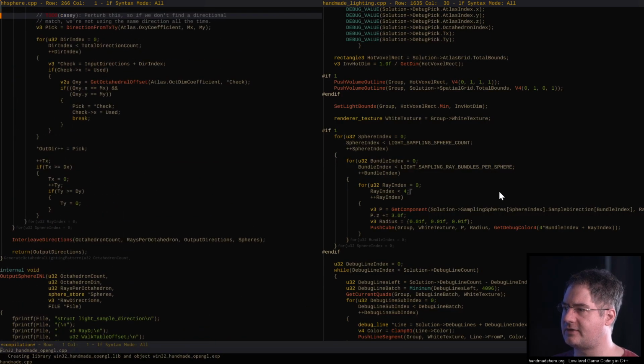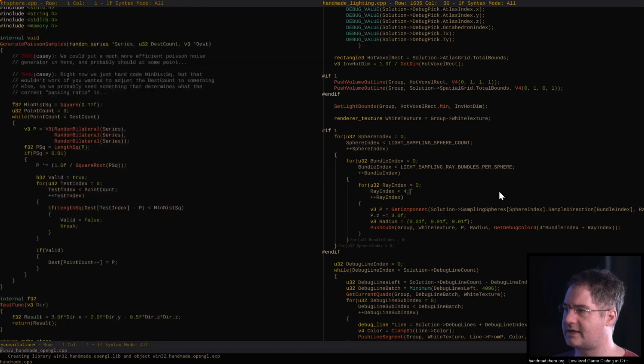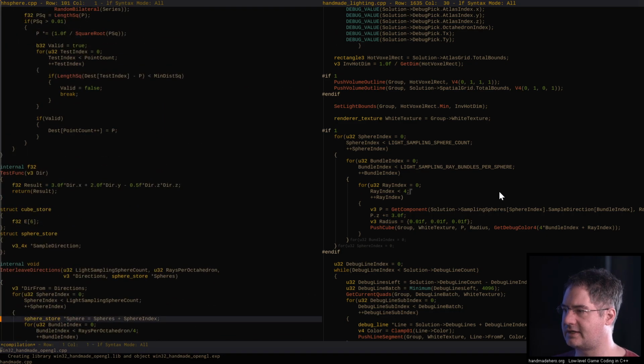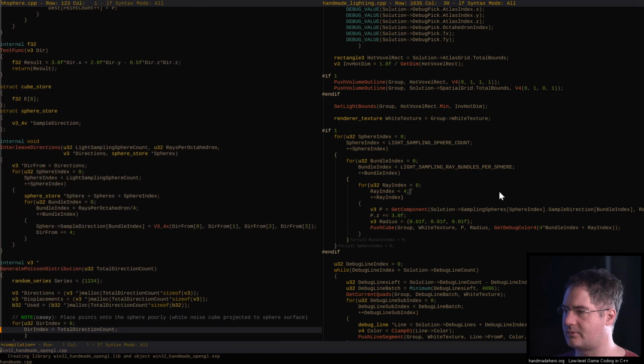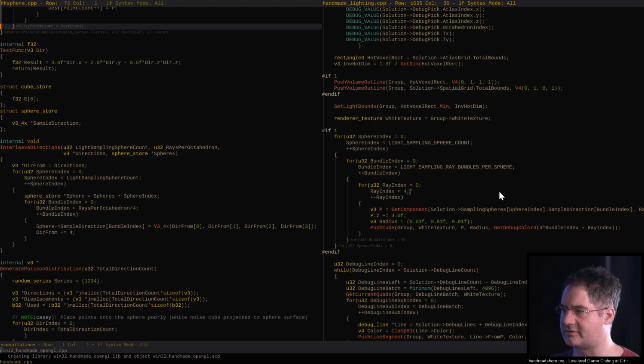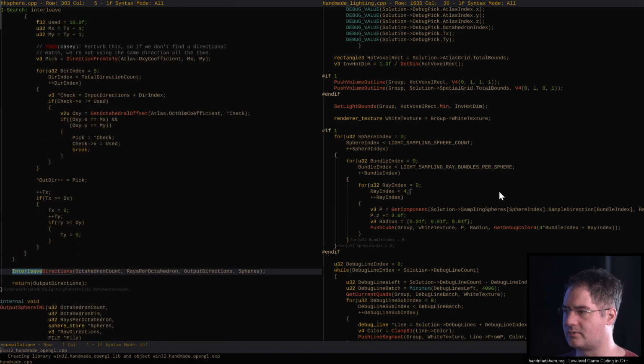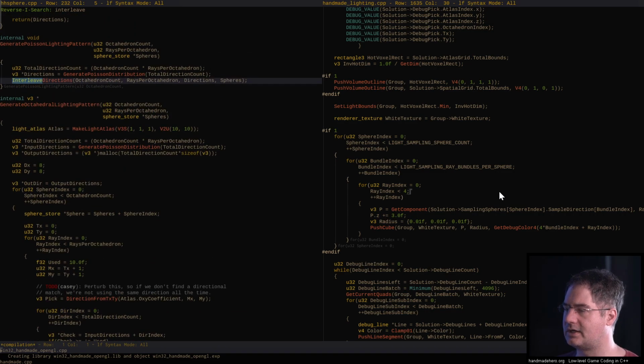So in HH Sphere, I think there's a fair bit of cruft in here now. Things like interleave directions, we don't actually want this anymore. We don't want some of these things anymore. Interleave directions, we don't want to actually do.